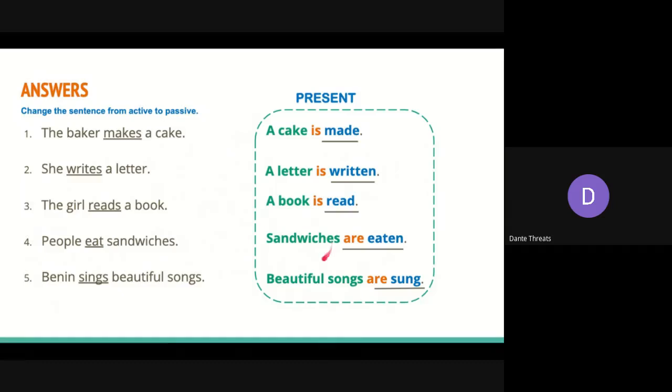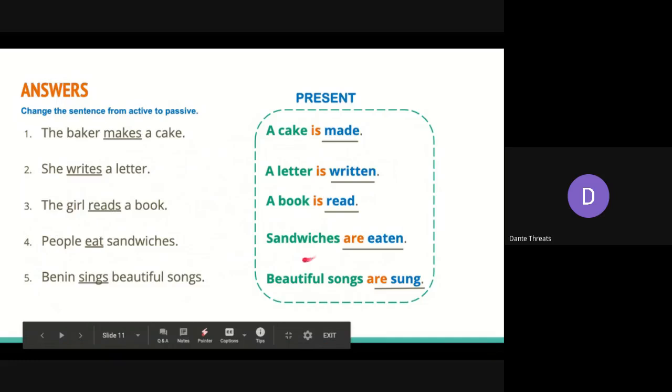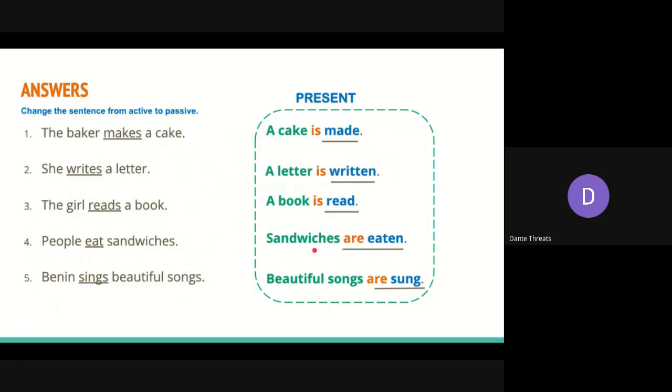Now, this subject is singular or plural? Right, plural, sandwiches, right? So instead of adding is, because it is plural, we add are. And then we change the verb to the participle, right? Pretty easy, yeah?